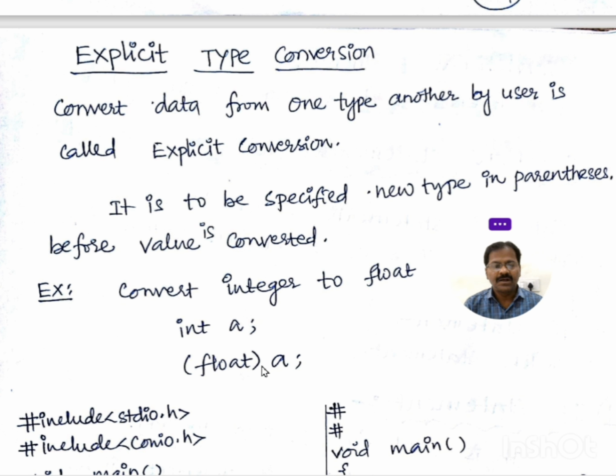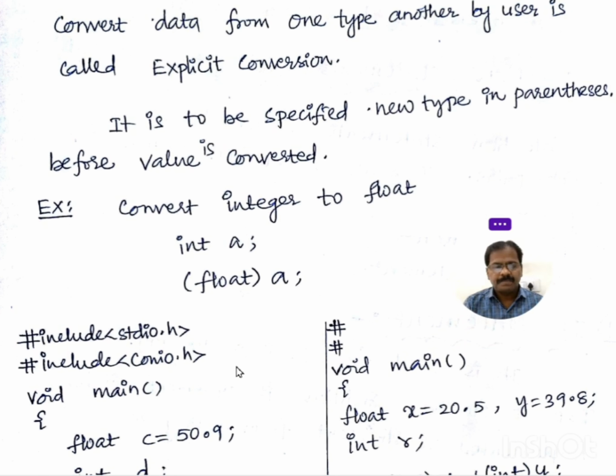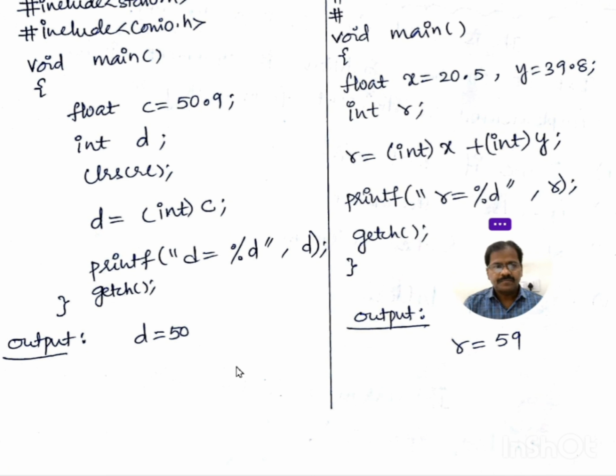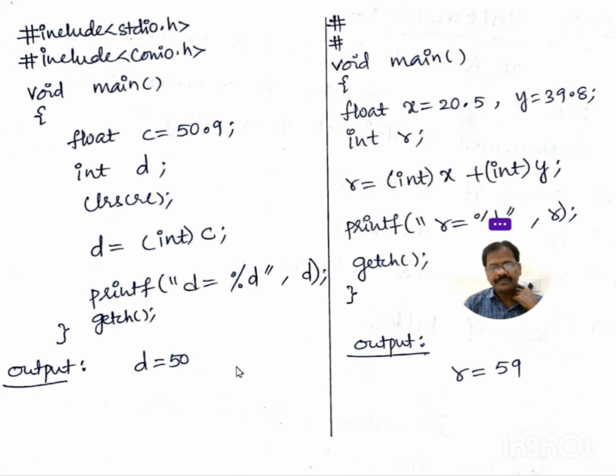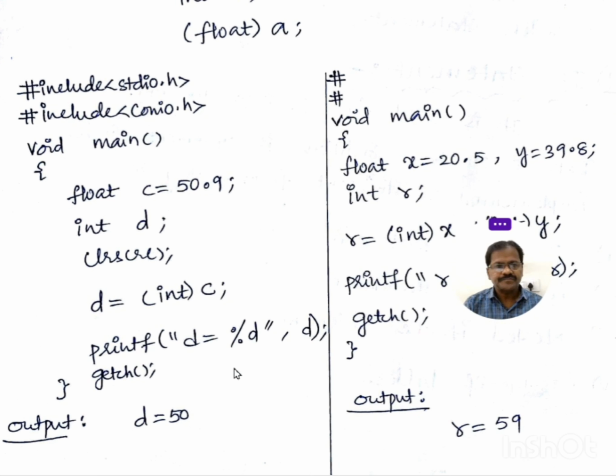You see here example int a. Here a value, float of a. What I gave as the a value will be converted. Actually a is int only, but now I will convert it into float. You see here example. void main, float c is 50.9, int d.